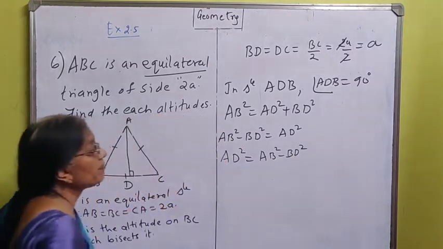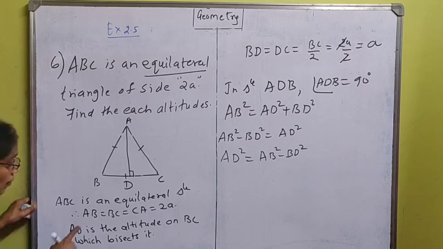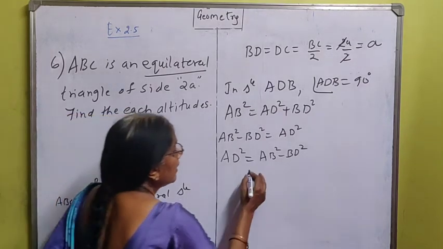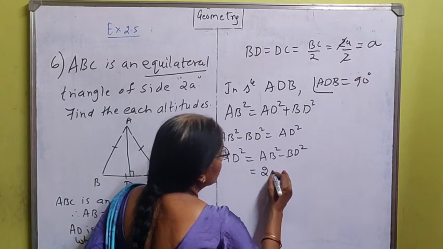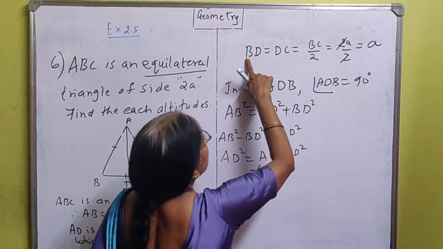For calculation purpose, this will be very easy. Now we will substitute the values. What is the AB value? AB value is 2A. So AB square will become 2A the whole square, minus BD square. What is the BD value?